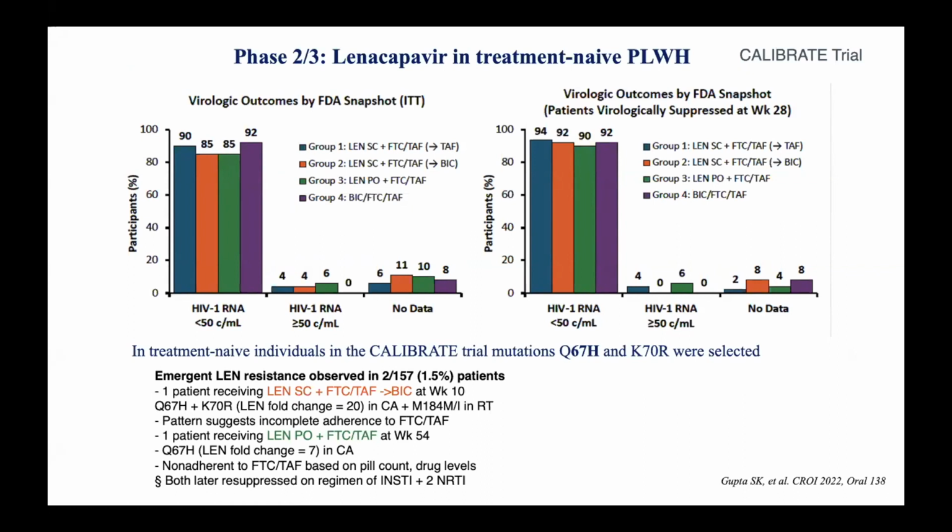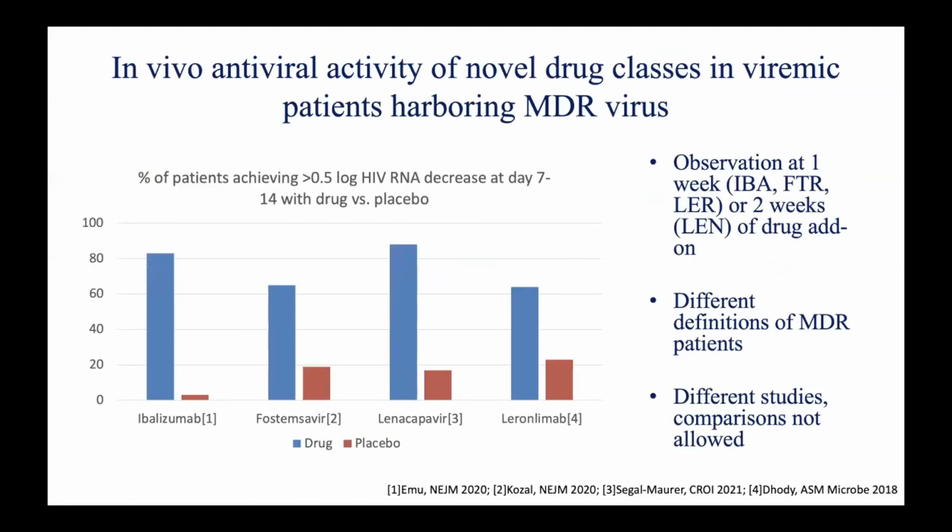So you see that there is a very good virological suppression maintenance at 28 weeks. There were 2 failing patients with resistance, and again it is the same mutation 67 together with the 70R. So we start to see a few patients that fail. Sometimes, of course, they fail with resistance and with the mutations that we know.